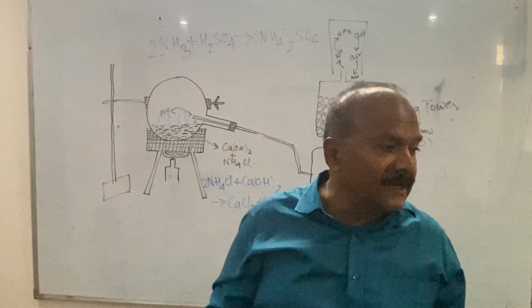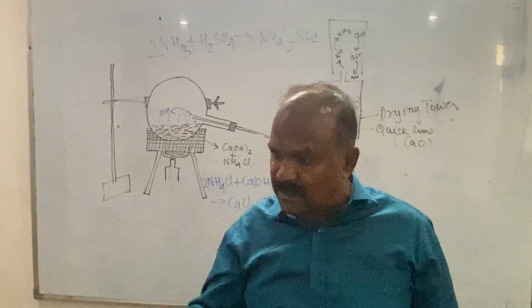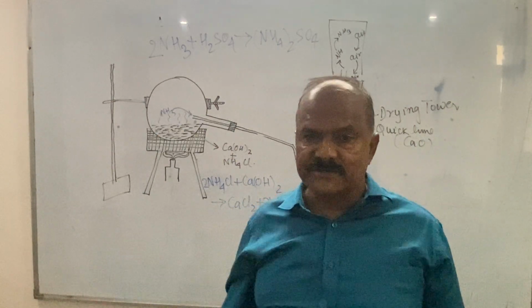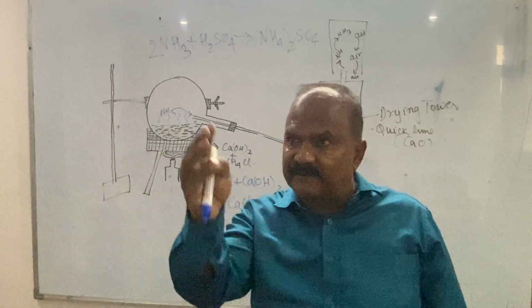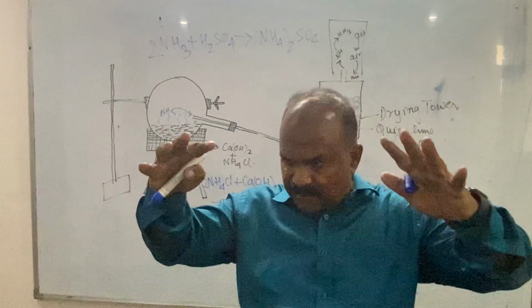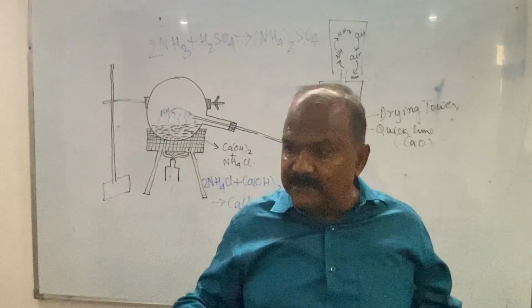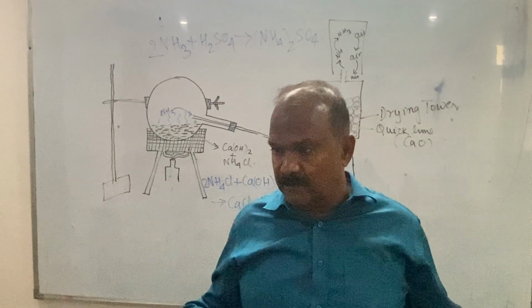It will start trickling down. Trickle means coming slowly along the wall of the flask, like this. Got it? So when it will trickle down and come in contact with the hotter part of the flask, the flask is likely to break.